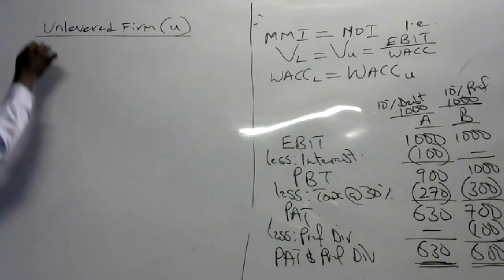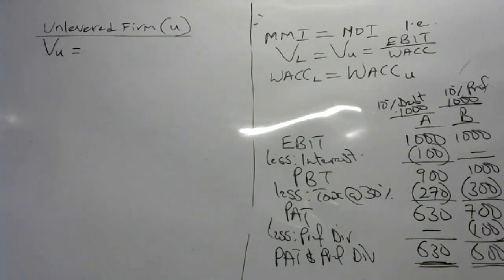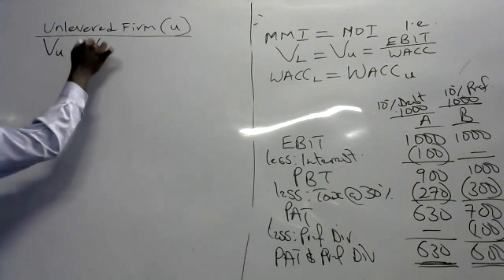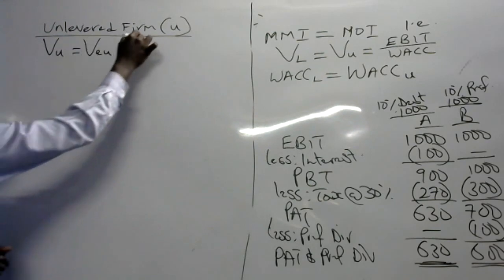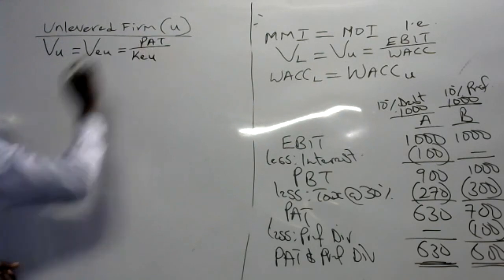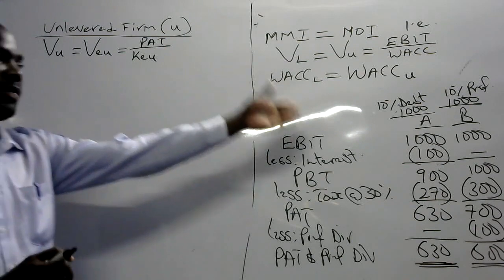So we start with the value of the unlevered firm, which equals the value of equity. The rule does not change. Our target is to get profit after tax divided by the cost of equity. Now this time round we're going to include taxes. How do we reach the PAT? Even we can use the illustration we made here.